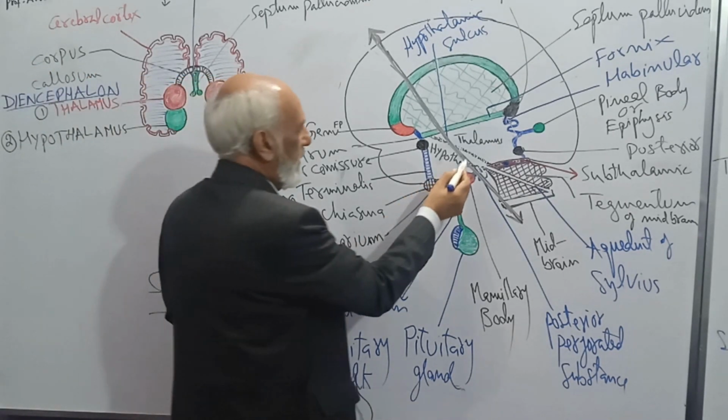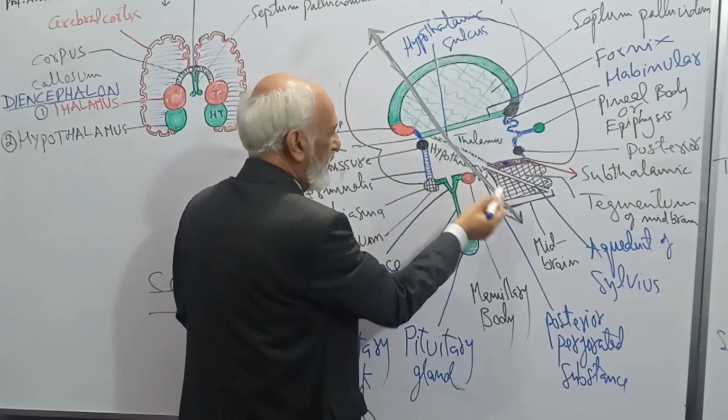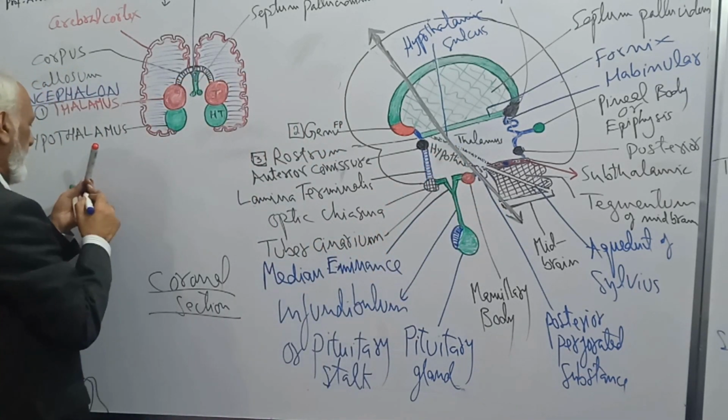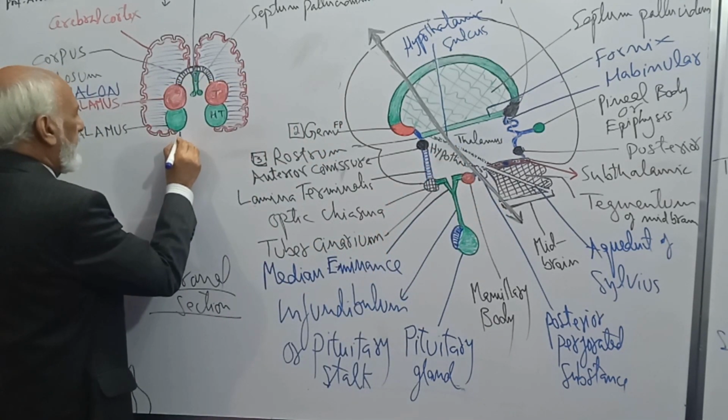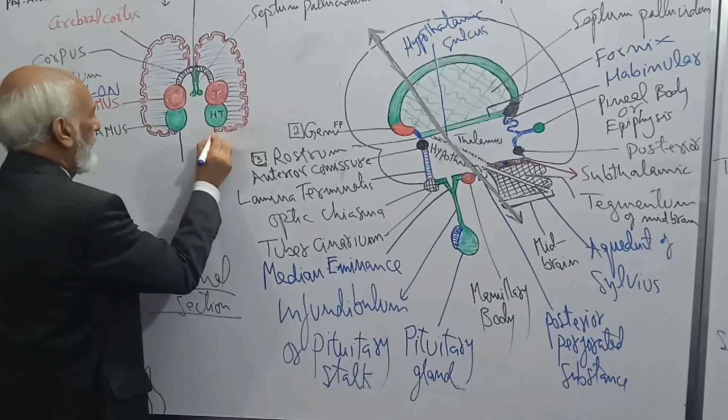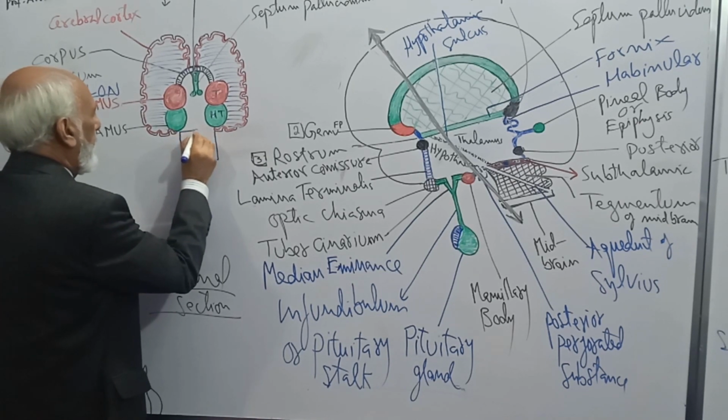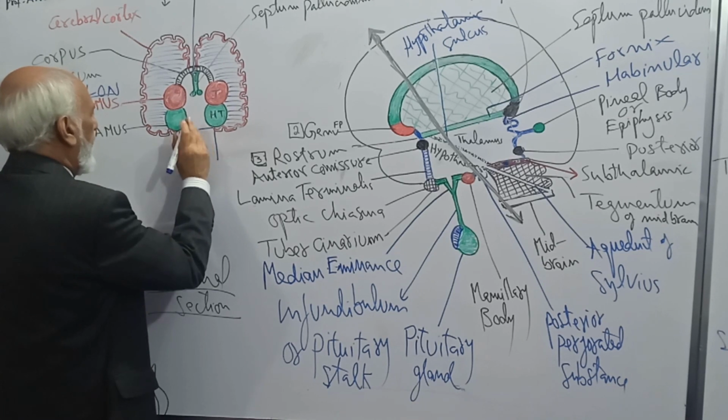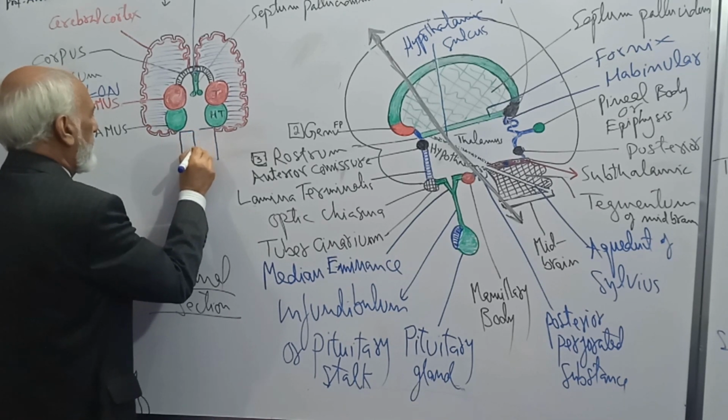Now you can see below the thalamus and hypothalamus, midbrain is cut. Now this is the midbrain, a section through the midbrain, traversed by cerebral aqueduct.